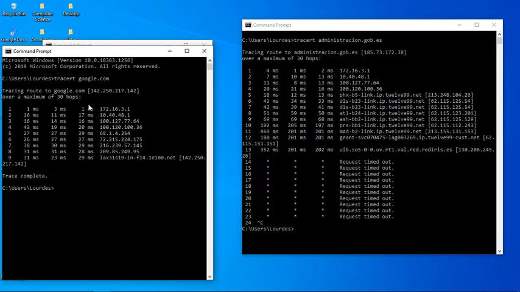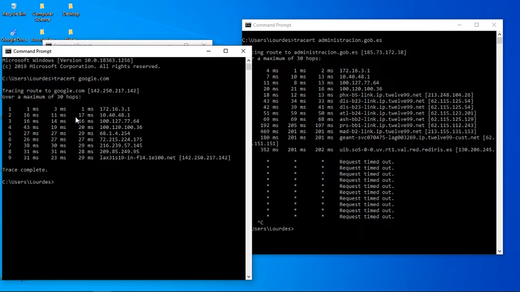I did Google, and the number of hops that it took to reach Google appears to be 9. I was obtaining other information, but here is the number of hops that it took to reach google.com.